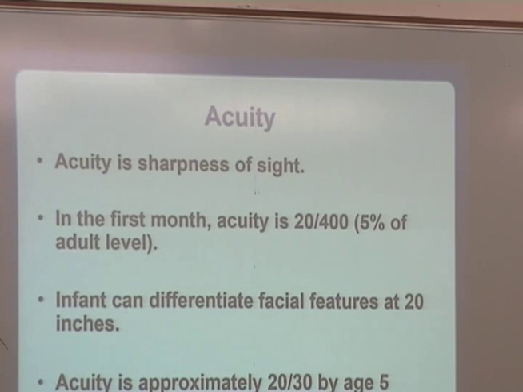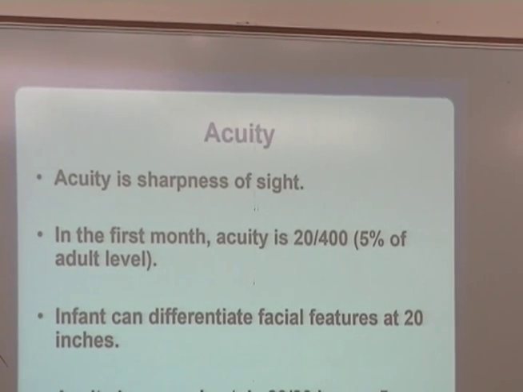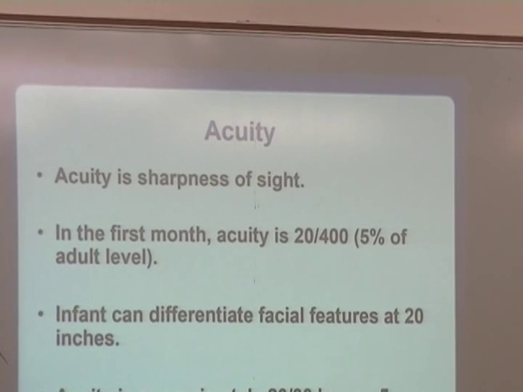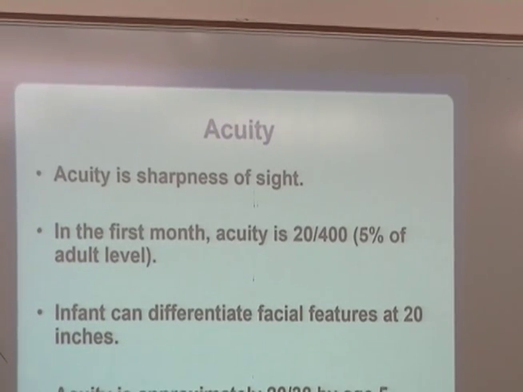And static is simpler, right? Because the object's not moving, so I get a good view of the object. So static acuity develops ahead of dynamic acuity. Okay. But dynamic acuity is really crucial for us in movement because nothing really stands still in sports and movement. Right?